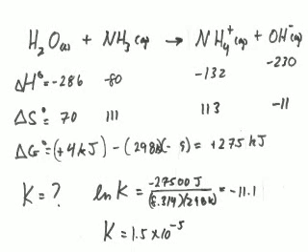Still, how do you get a negative entropy change? Well, we said the whole reason that ions dissolve in solution is because they surround themselves with water molecules. Well, what that means, of course, is that some ions will in fact force the water into being more organized than the water would be all by itself.